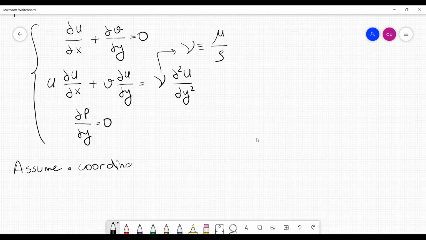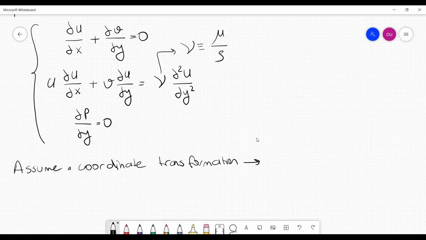Coordinate transformation, of course, means that instead of x and y as the independent parameters here, we define new independent variables.